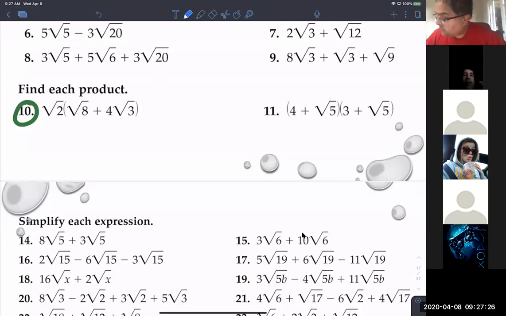You distribute. Okay, what do we get? Root 16 plus 4 root 6. Okay, can we simplify this any? Yeah, the 16 becomes 4. All right, can we combine these? Yep. We can. We get 8 root 6.